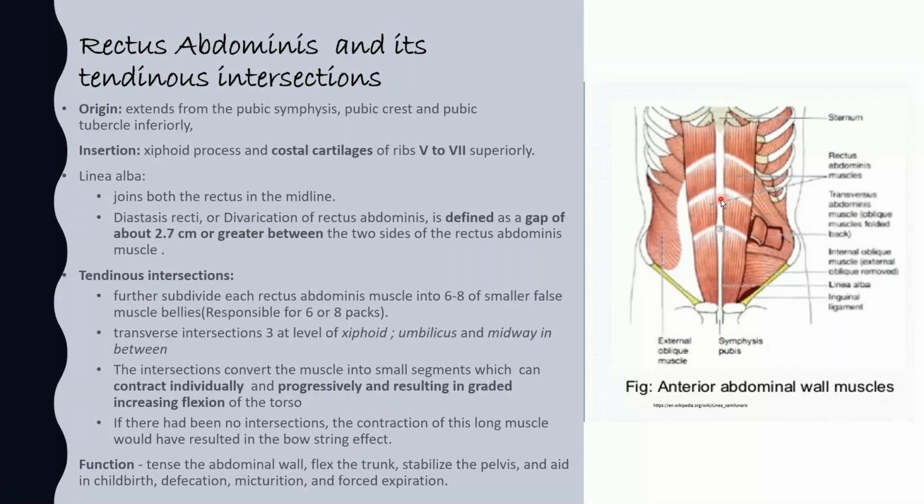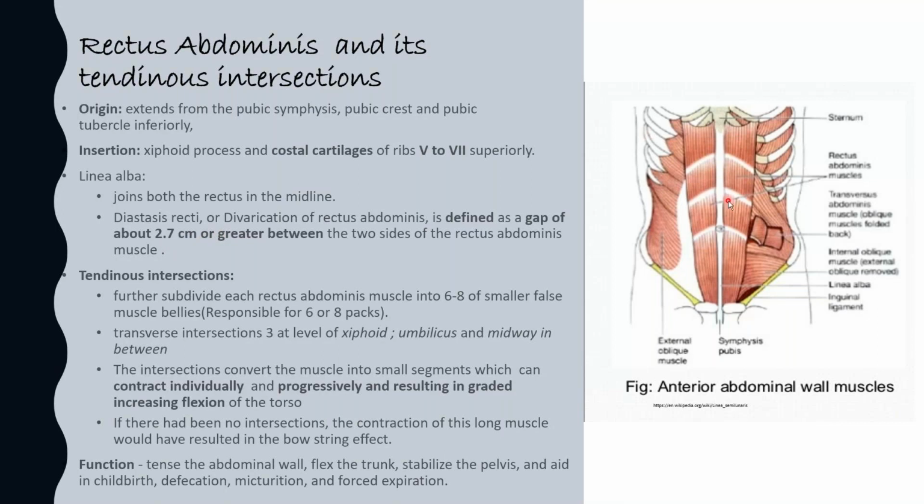The second thing you need to know about the rectus abdominis muscle is the distance between the two opposite bellies, the linea alba. When should you call it excessive separation between the two recti? When you have a gap of 2.7 centimeters or more, then it is known as divarication of recti.